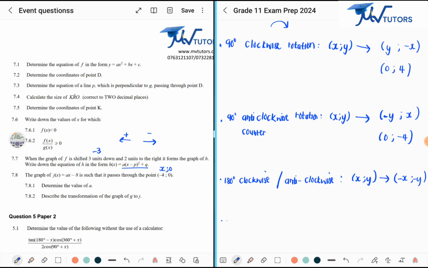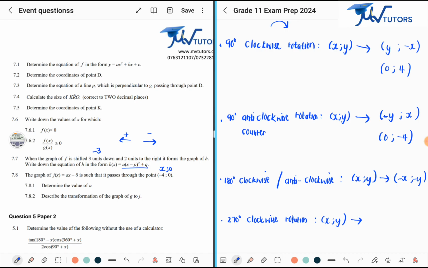Now let's jump over to 270 clockwise rotation. With regard to 270 clockwise rotation, you have your coordinate over there, and then what are the rules?